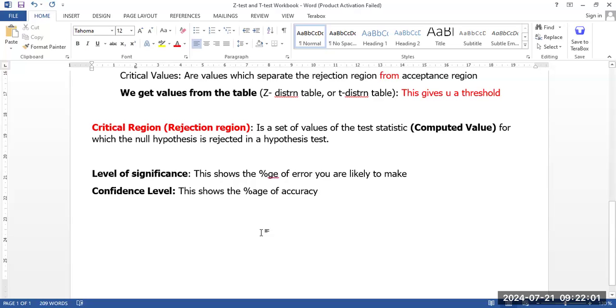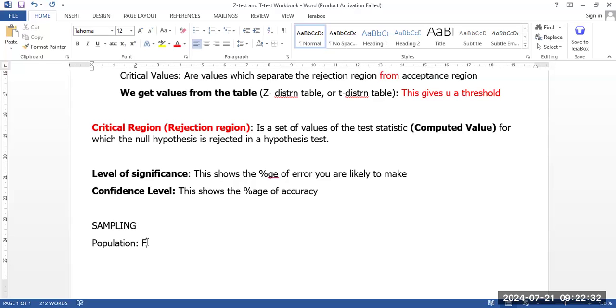Because we know that, colleagues, as you are going to test, you're going to do sampling. We always have a population. Then from the population we pick what?